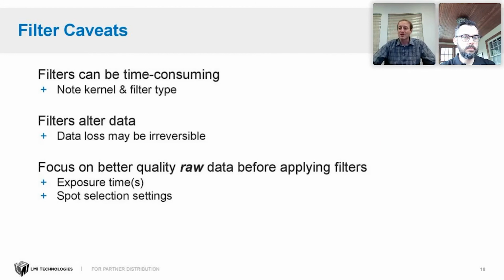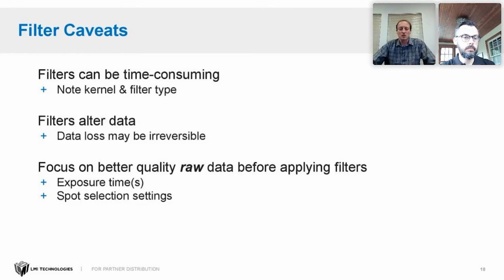At LMI, when we set up applications, we always focus on getting a good quality raw scan first, getting good raw data to begin with before resorting to image filters. There's a lot of ways with 3D systems that you can tune them to give you good scans, even of shiny, reflective, metallic material or translucent material or parts that might have multiple colors.